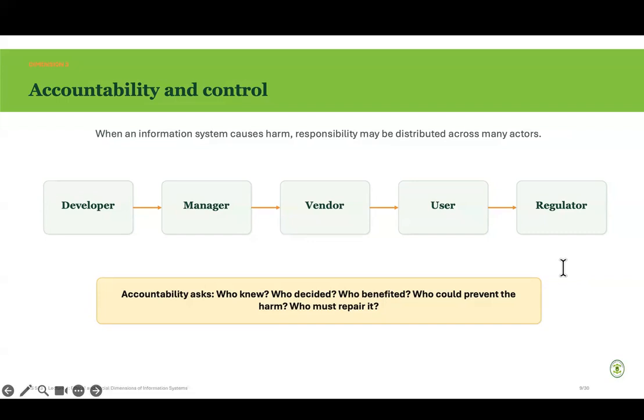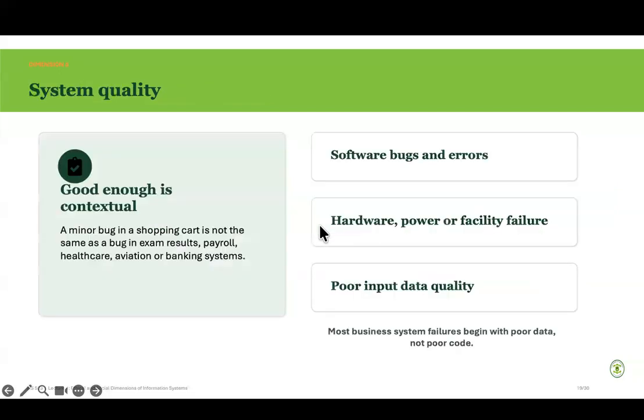Of human decisions. So it is important for us to note that technology cannot carry the moral responsibility by itself. It is us, people and institutions, we remain accountable for the systems we select. We remain accountable for the systems we design.